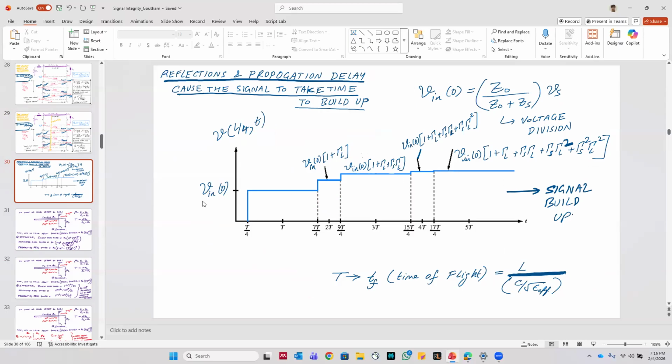So although the original signal was only Vn of 0, you end up in a situation where the total signal is actually higher than what you would expect. Sometimes if this goes very high, it can actually damage your receiver or your transmitter. That's why you also want to make sure everything is matched. Because if everything is matched, you can essentially avoid this reflection and avoid the signal buildup that can happen.